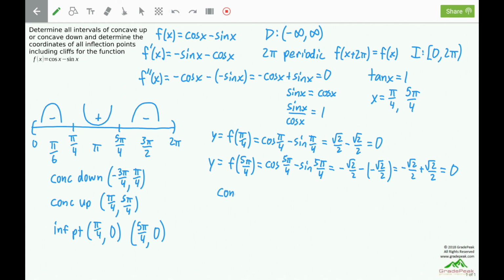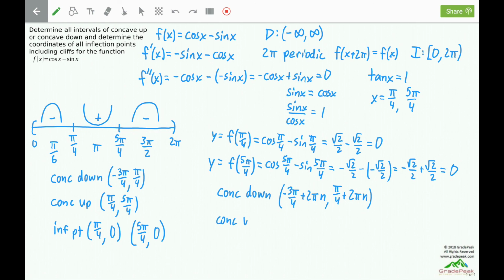That means there will be a concave down set of intervals, negative 3 pi over 4 plus the period 2 pi times an integer n, up to pi over 4 plus the period 2 pi times an integer n.